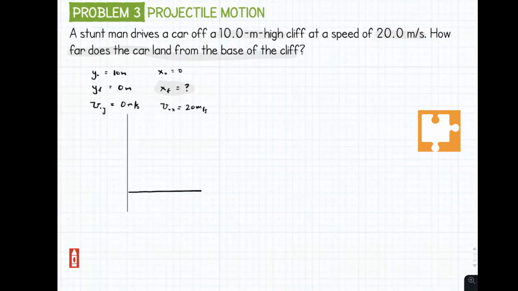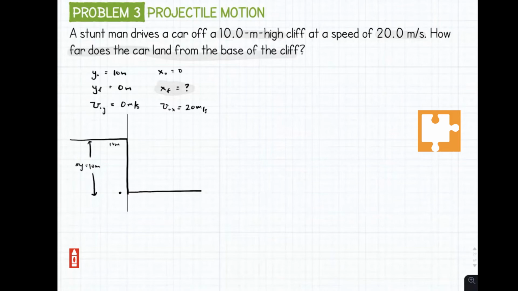So here's our cliff. So we'll call this 0. We'll call this 10 meters, right? I'll move it over. Call this 10 meters. That means this whole thing, if we want to call this delta y, is equal to 10 meters. Or I guess it could be negative 10. It depends on how you're writing it, right? Because final minus initial.